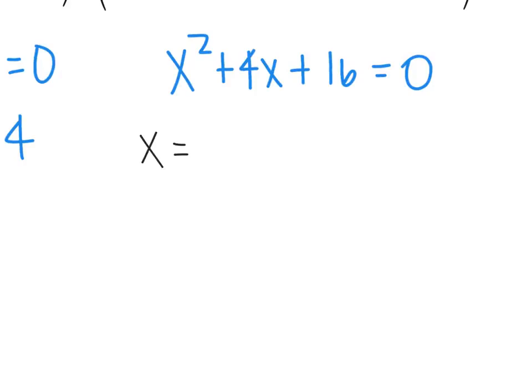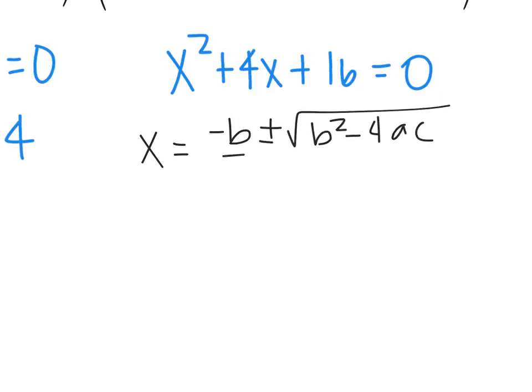So x equals negative b plus or minus the square root of b squared minus 4ac all over 2a. I know. You'll be fine. And we plug in what we know. So if we plug in what we know, it says negative b, so what are we going to put there? Negative 4 plus or minus the square root of b squared.